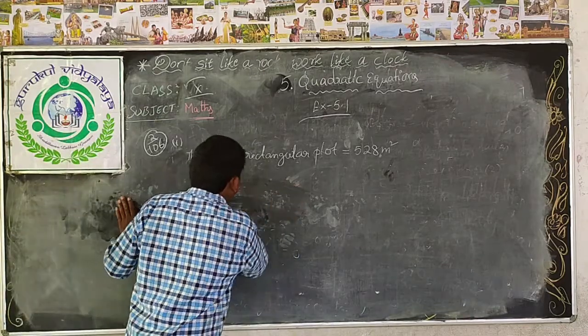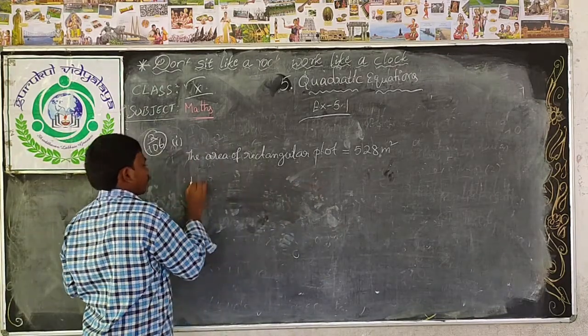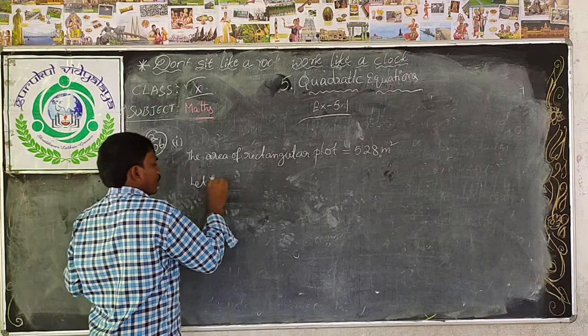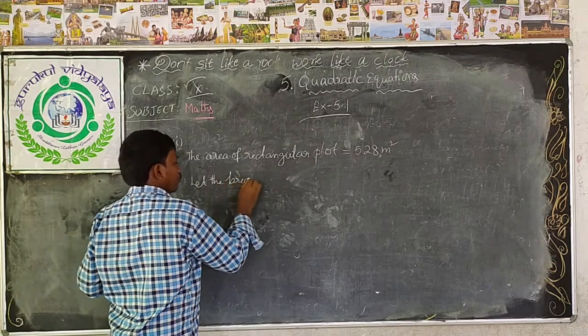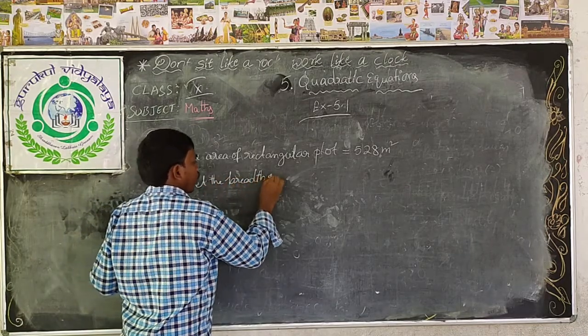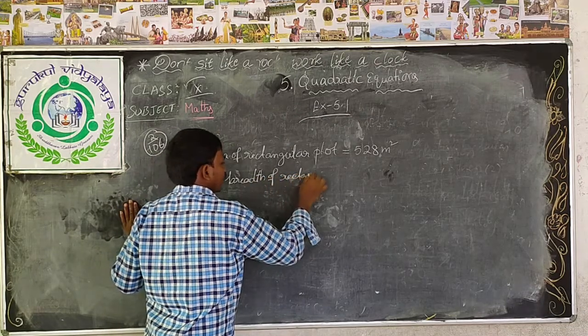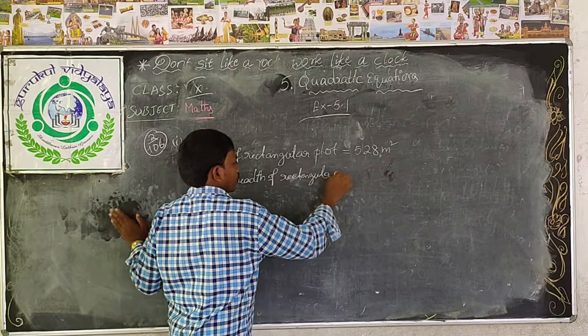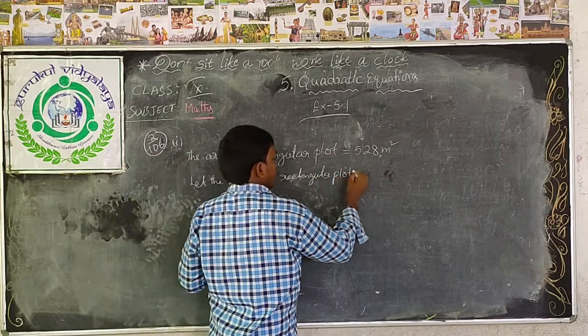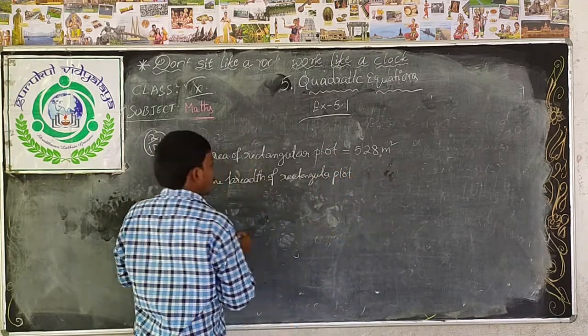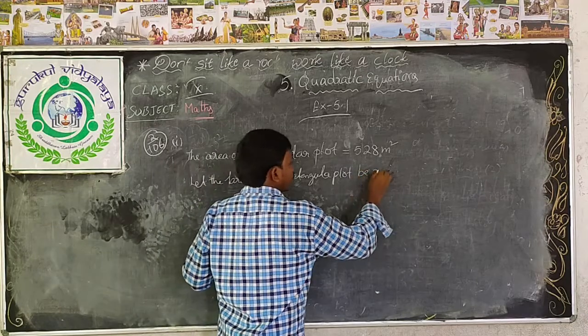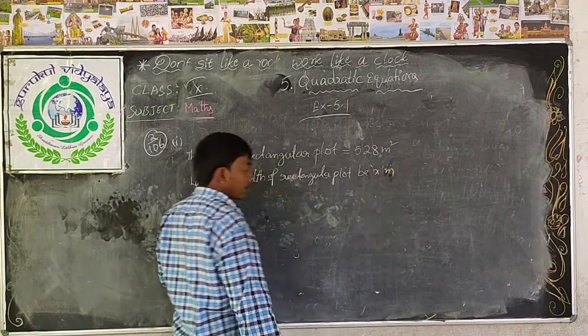Let the breadth of the rectangular plot be x meters. This is x meters.